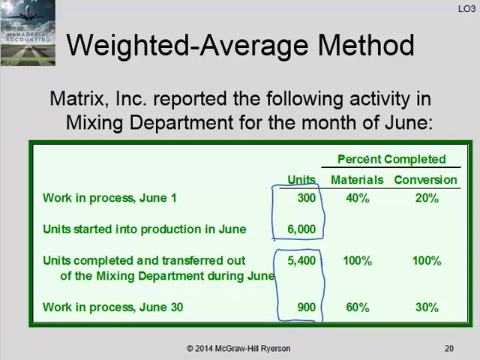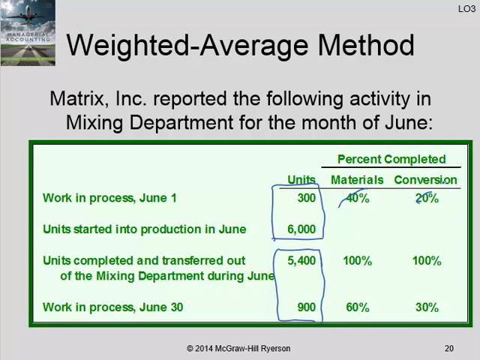Next column we look at, I was talking about two dimensions of costs, one materials, so direct materials, and then the other one conversion, which would be labor and overhead. Under the weighted average method, we don't fuss too much about how complete the work in process inventory is. We make an assumption for our calculation purposes that it's actually 0% complete. Again, we're not going to worry about that now.